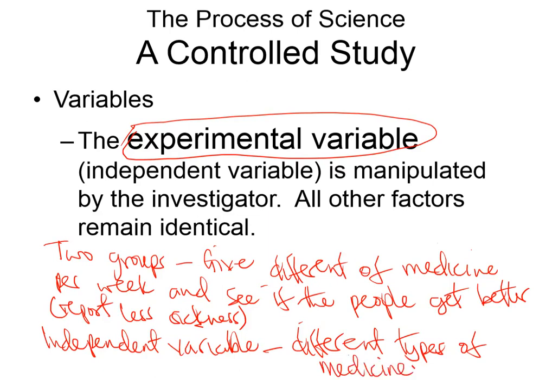The reason it is an independent variable is because it's the one that you as an experimenter are changing. An independent variable is the one that you say, I want to increase this or I want to decrease this as an experimenter.